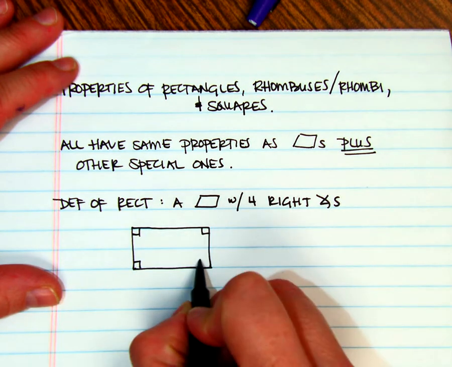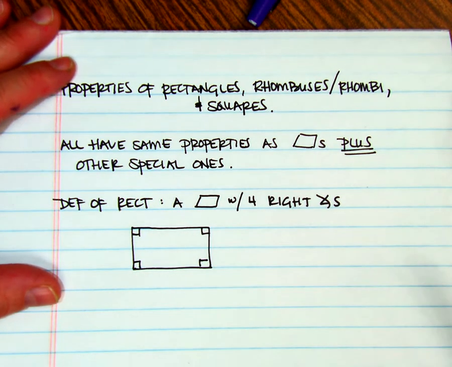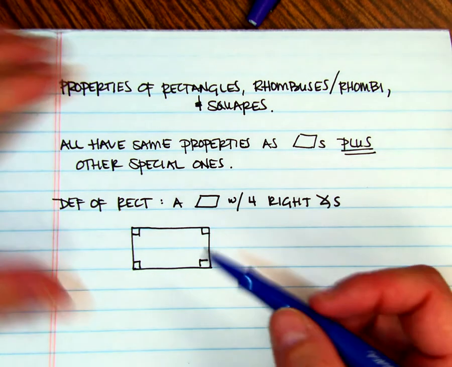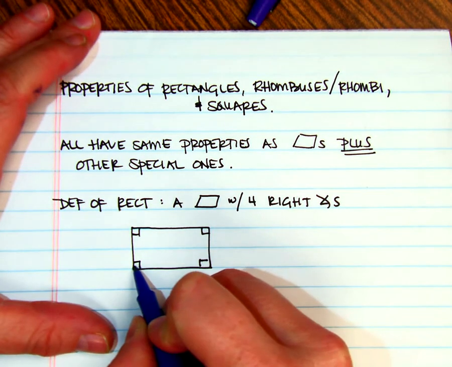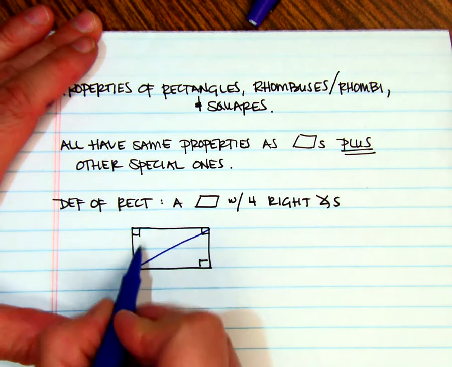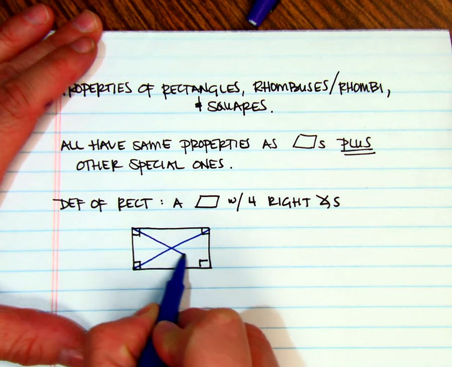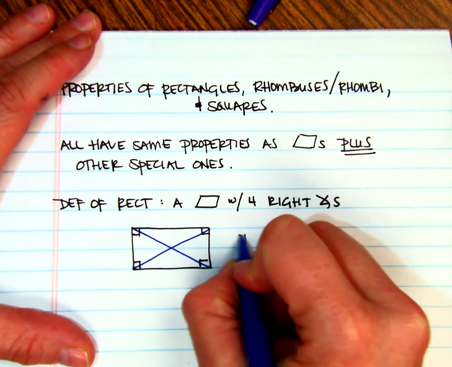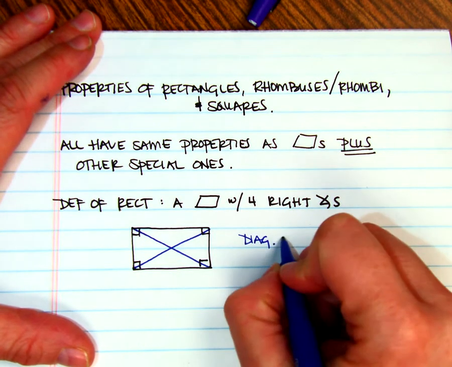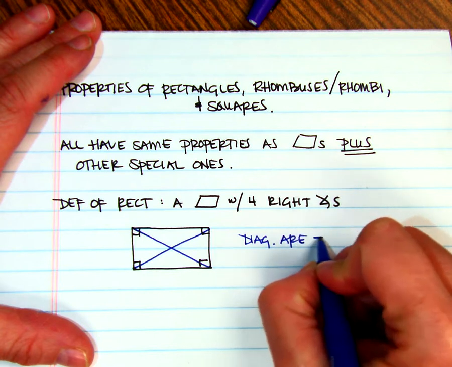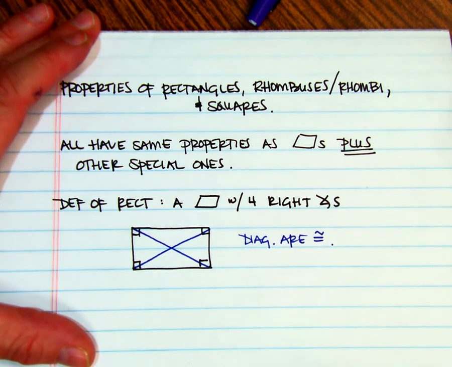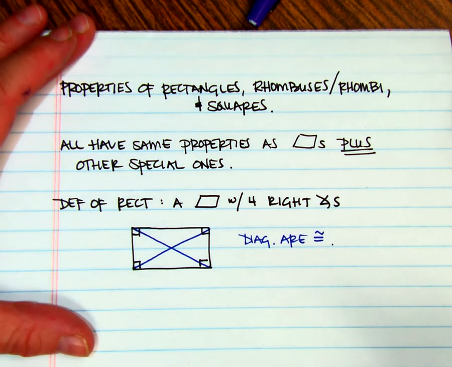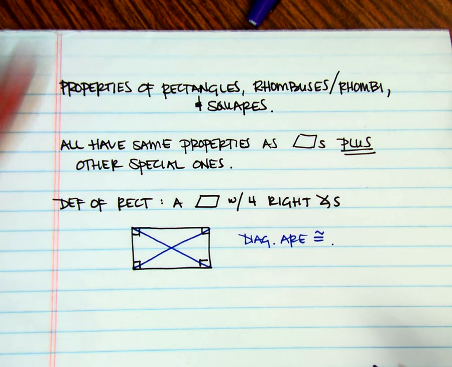Okay, so we have 4 right angles, and because we have 4 right angles, some other special stuff also happens. The diagonals are now congruent. They were not congruent in just a parallelogram. So diagonals are congruent.